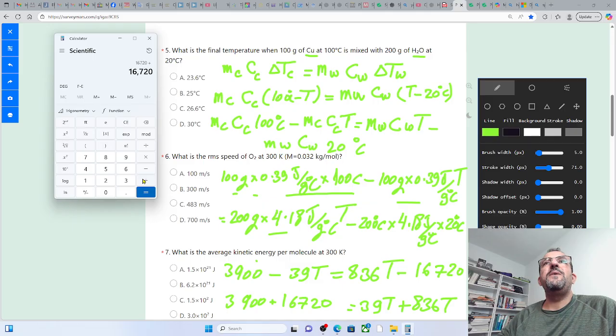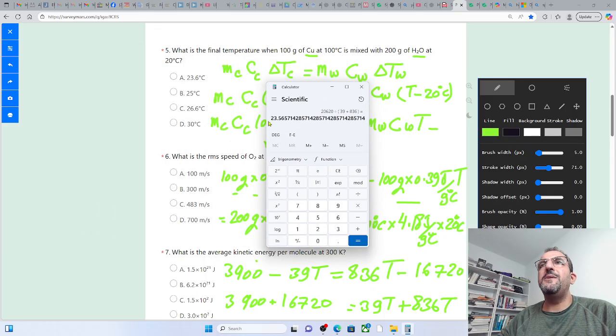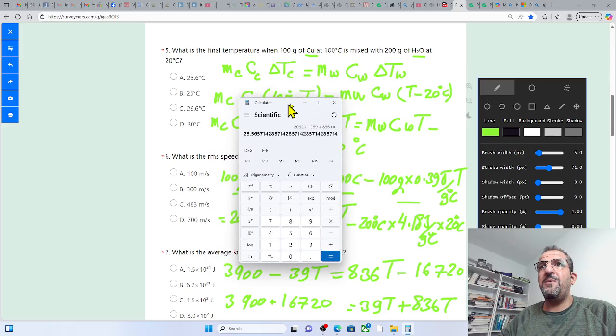So let's add here 3,900 plus 16,720, that's equal to 20,620, and then I divide the whole number by 39 plus 836, and that's equal to, so you can see now, guys, the answer is 23.56, and that's going to give me 23.6. So this is for problem number 5.